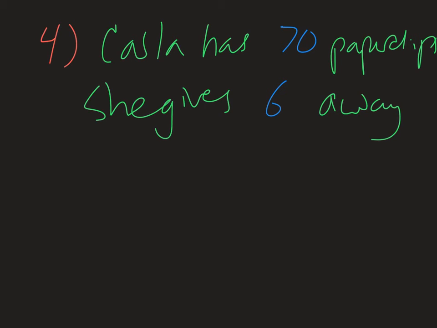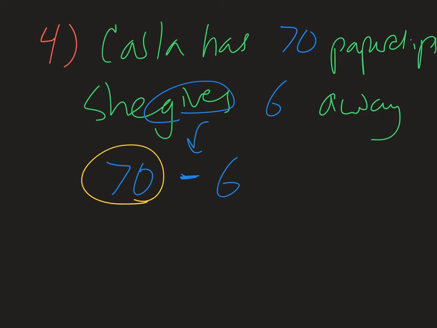Okay, so we have a number sentence here. She starts with 70. She gives 6 away, which means she's losing some, subtracting 6. Okay, so let's take a look. We're going to start off once again by number bonding 70. What are we pulling out? 10, that's right. Okay, 10, and then we're going to do our minus 6.